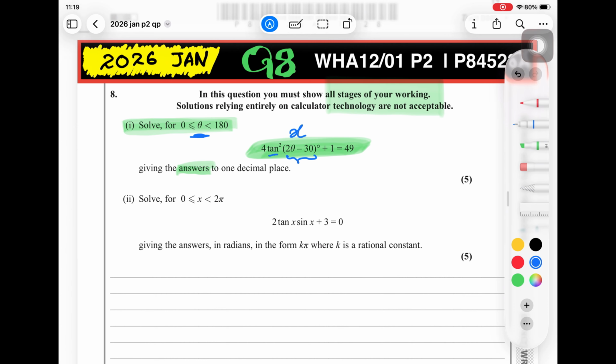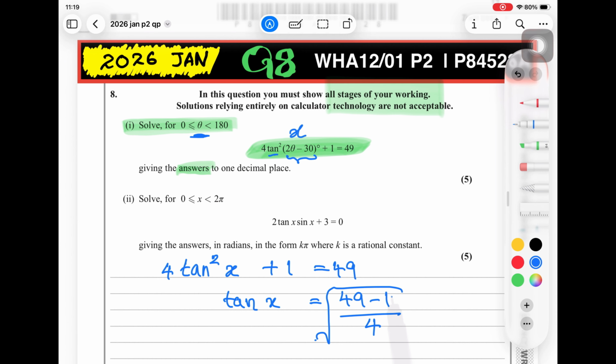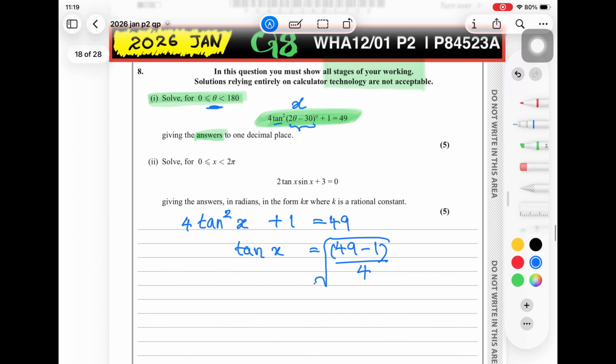So for easy calculations, I'll add it as x here. If I am rewriting this, it's tan squared x plus 30 plus 1 equals 49. Now we have the tan x value, and we can get the x.